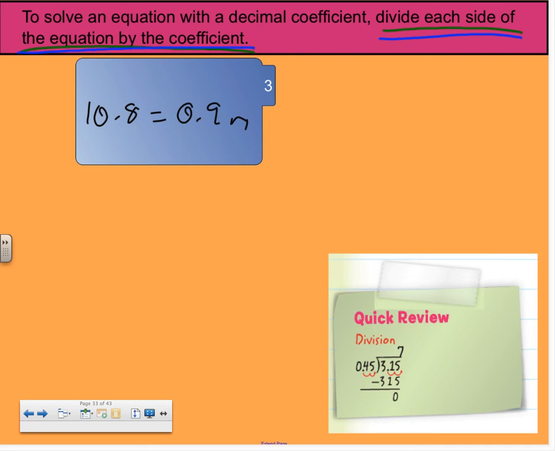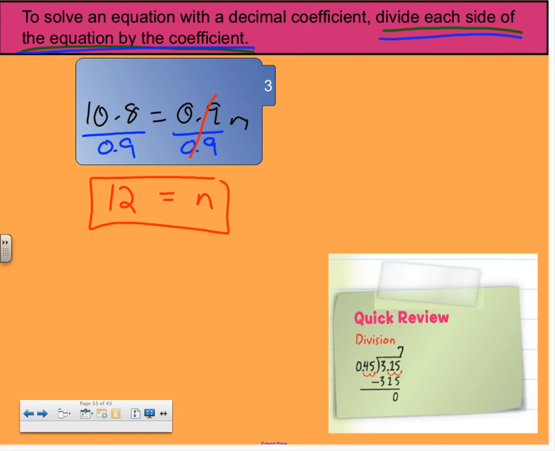So I'm going to divide by 0.9, divide by 0.9. I'm left with n on this side, and 10.8 divided by 0.9 is what? Anybody remember? It is 12. Okay? So n equals 12.